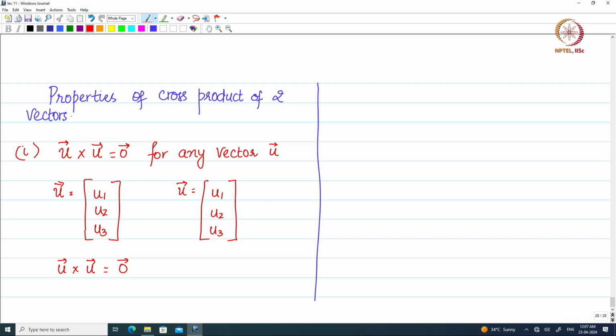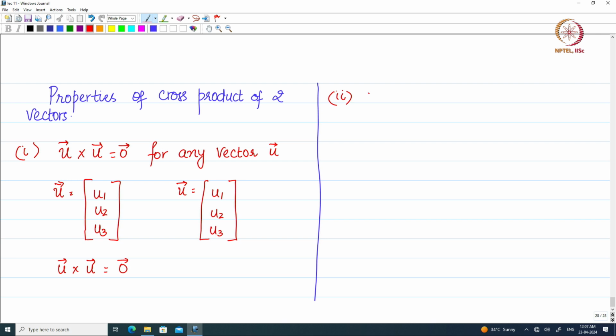And you also know that in the last class we saw that the cross product magnitude was given by |u||v| sin theta. So, if the two vectors are the same, the angle between them is 0, so sin theta becomes 0, therefore the cross product of a vector with itself is the 0 vector.